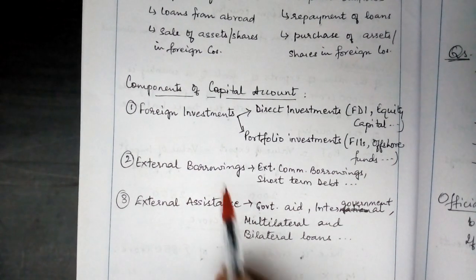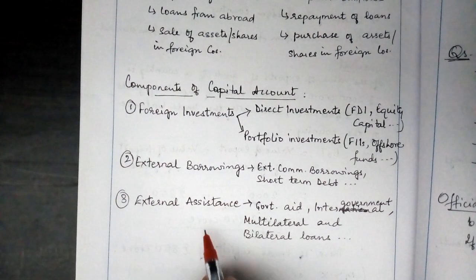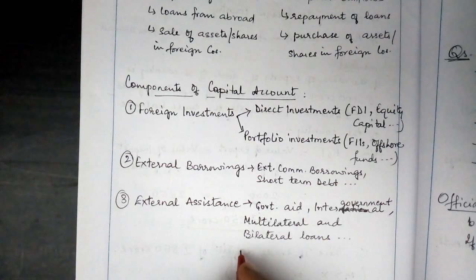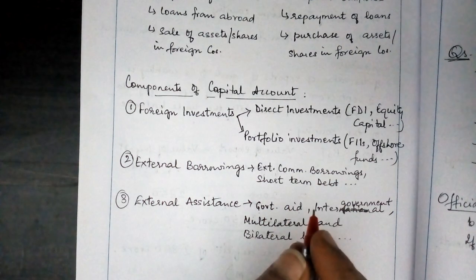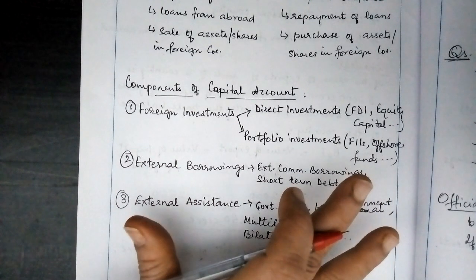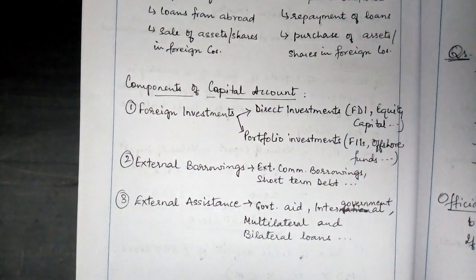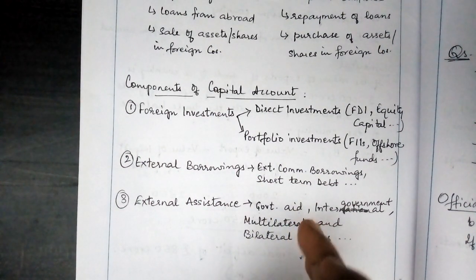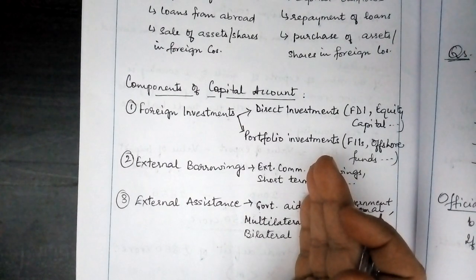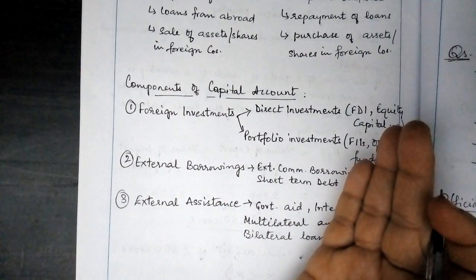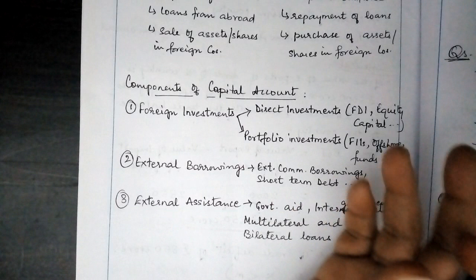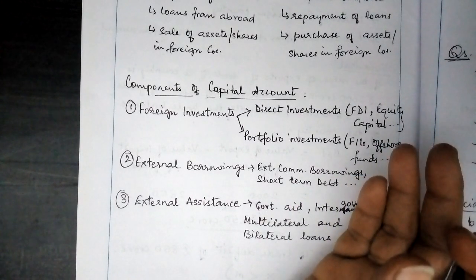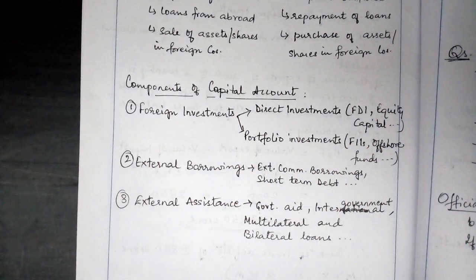Two other components of capital account are the NRI deposits. Deposits by NRIs in the domestic company are treated as a component of capital account. The other one is banking capital, which refers to foreign asset holding of the commercial banks. Commercial banks that hold foreign assets also come under the capital account.